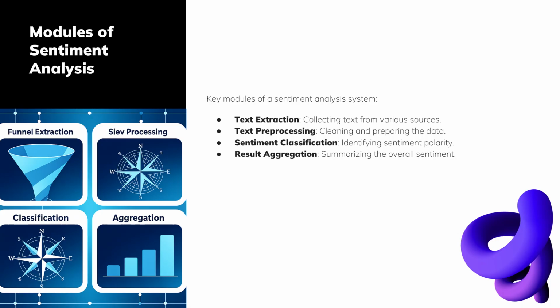The third is sentiment classification, where algorithms like SVM or LSTM determine the emotion. The fourth is result aggregation, where individual results are combined into an overall sentiment score. For example, if tweets about a new movie are positive, the aggregated sentiment is positive.